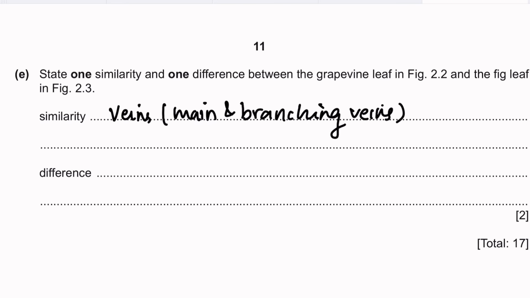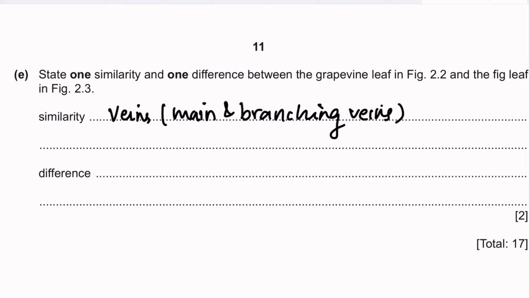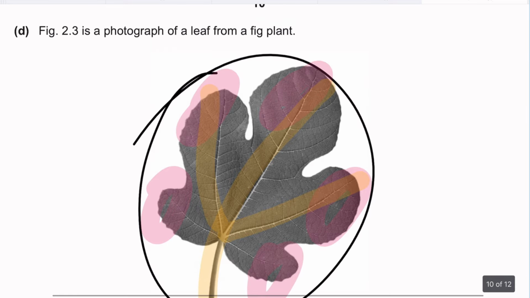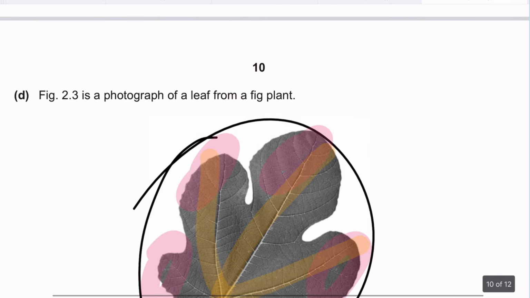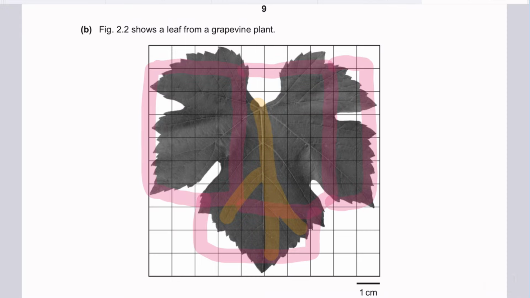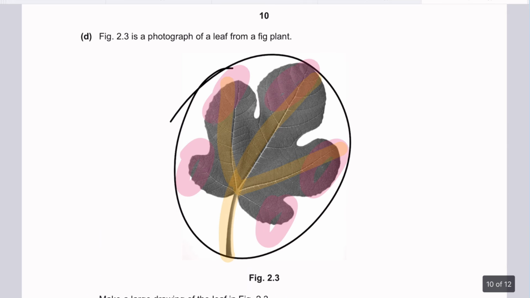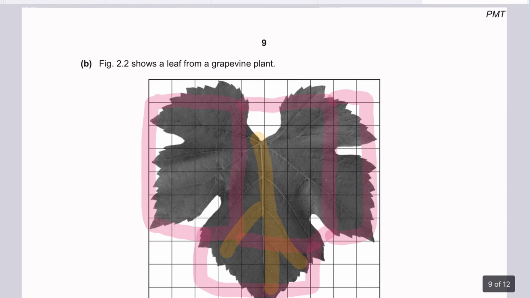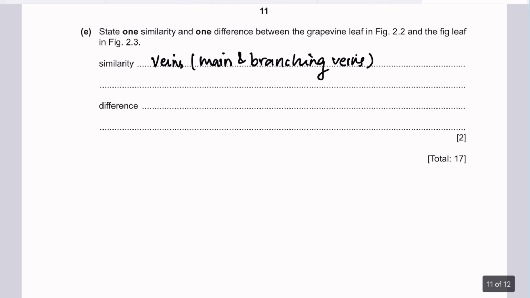The difference is that the grapevine plant essentially has fewer veins. Yes, actually this one does have fewer veins than that.